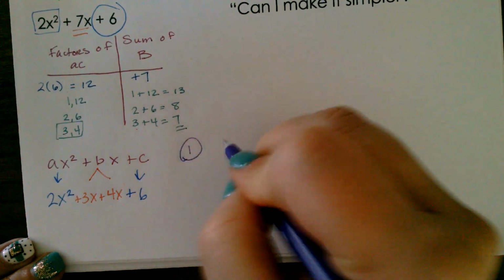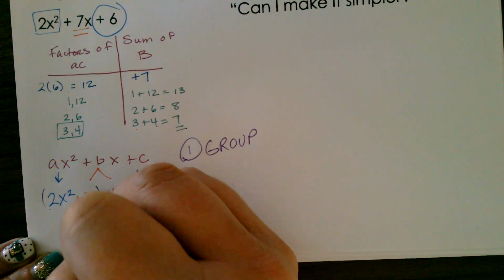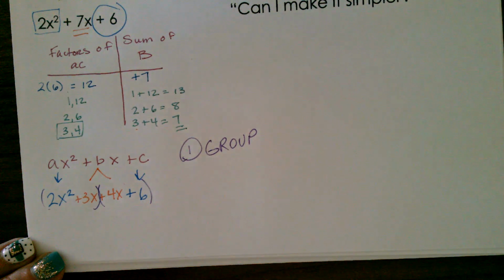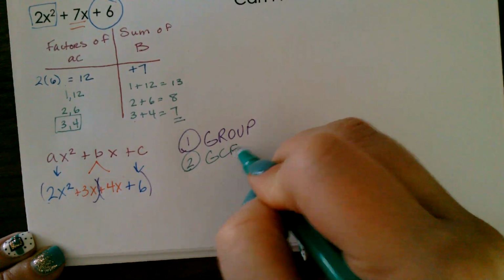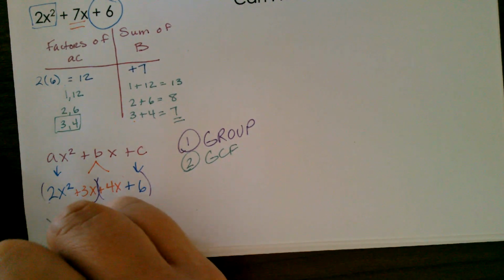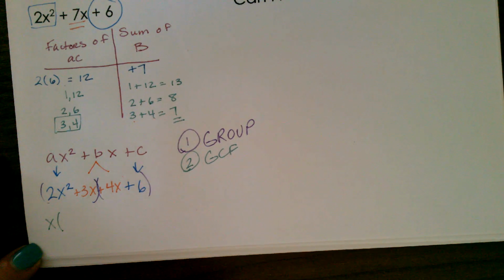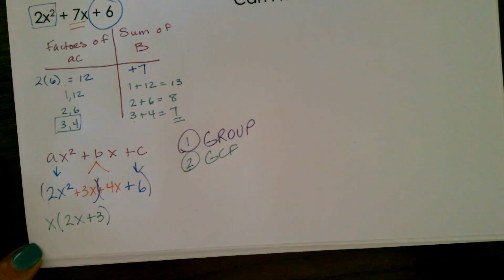So step 1, group. Step 2, greatest common factor. When I look at the first term, the only thing I can take out is x, leaving me with 2x plus 3.